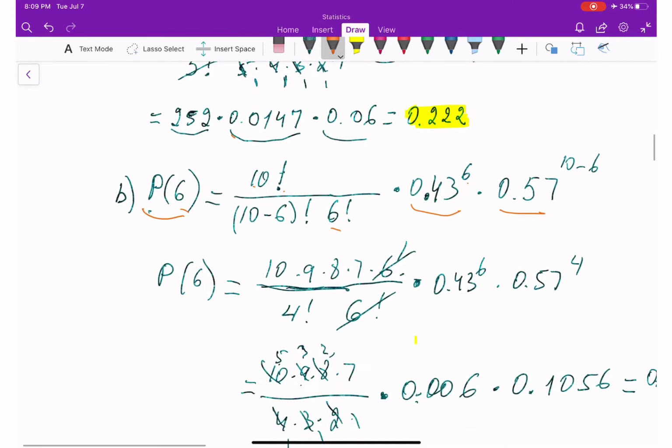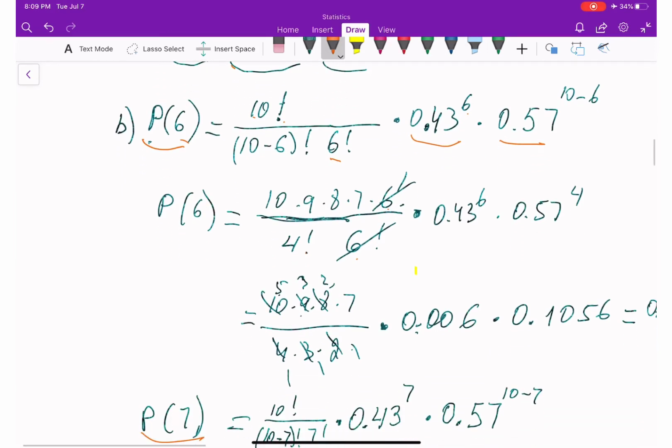So again, opening 10 factorial, look here. 10 minus 6 is factorial 4, but 6 factorial is greater. So I'm opening till 6 factorial and canceling this 6 factorial with each other. And then 4 factorial I'm opening at the bottom, 4 times 3 times 2, and start canceling with each other. 4 I canceled with 8, 3 I canceled with 9, 2 I canceled with 10.